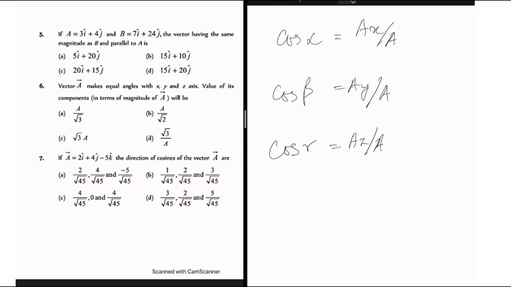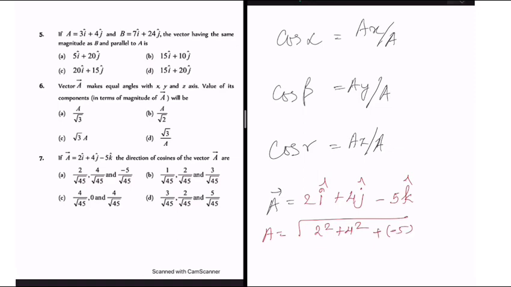Your value of A: vector A is given here as 2i cap plus 4j cap minus 5k cap, where the magnitude is the root of 2 square plus 4 square plus minus 5 square. 2 square is 4, 16, plus 25, which is root 45.